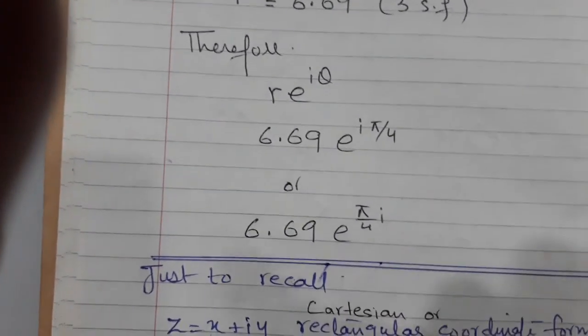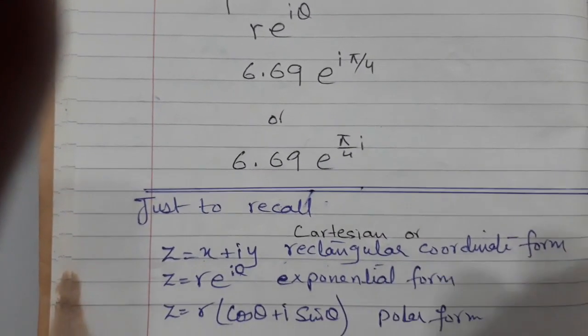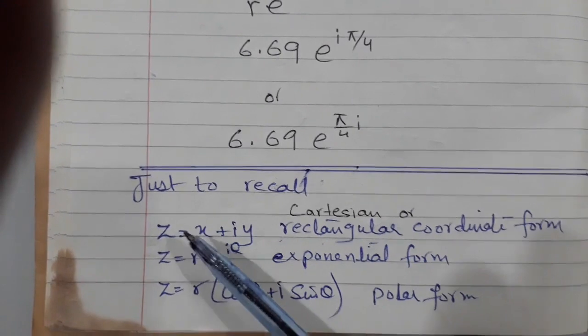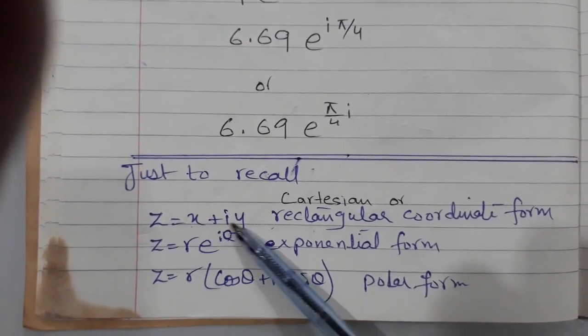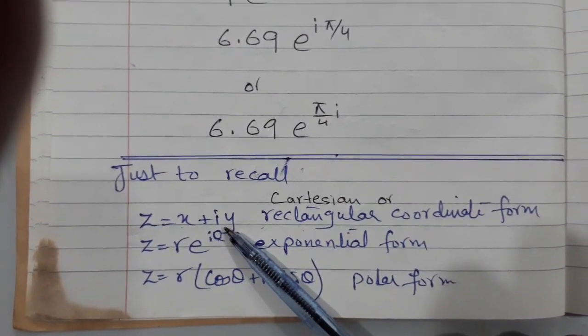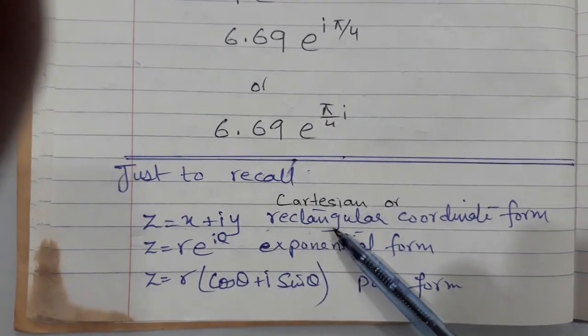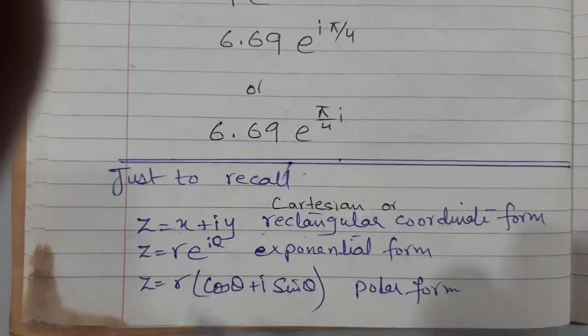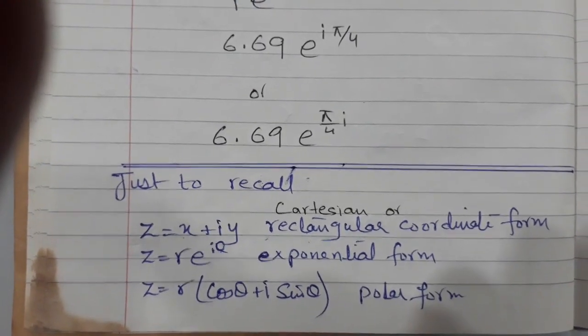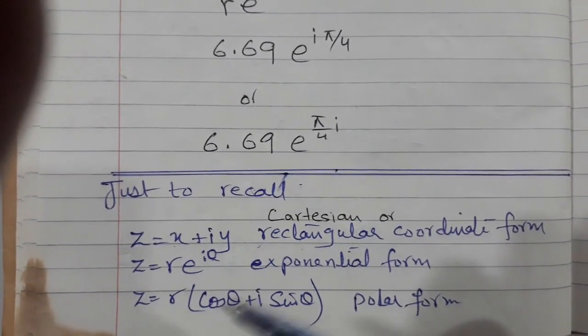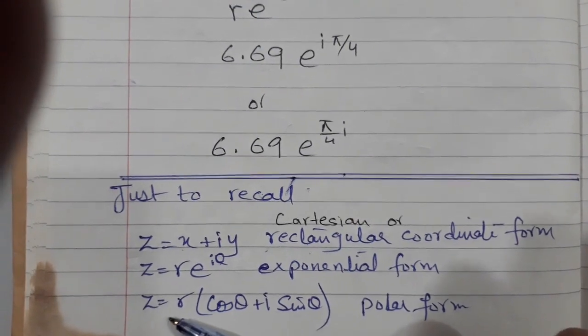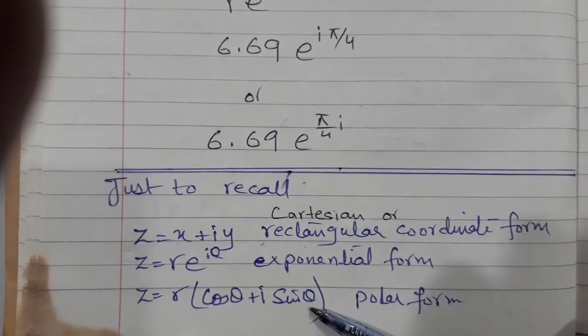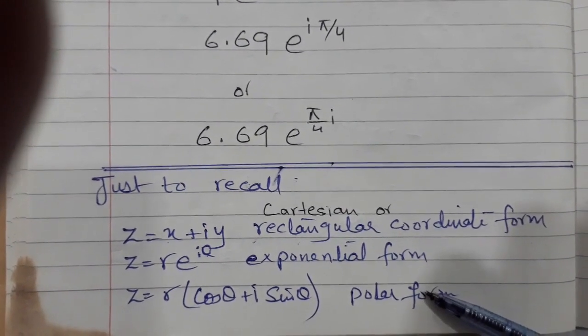And just to recall previous understanding, telling you once again that if a complex number is written in this form, it is called Cartesian form or rectangular coordinate form. If it is z equals r e^(iθ), it is called exponential form. And if it is z equals r cos theta plus i sin theta, it is polar form.